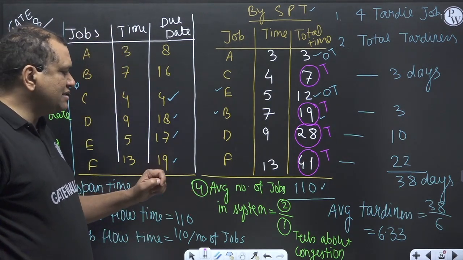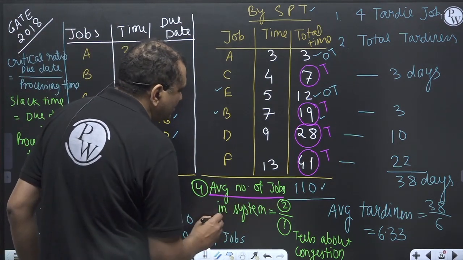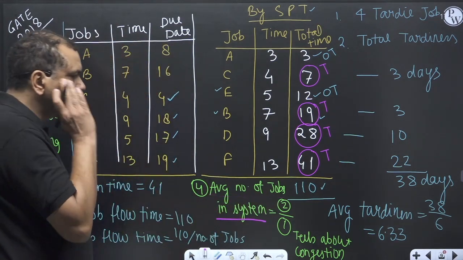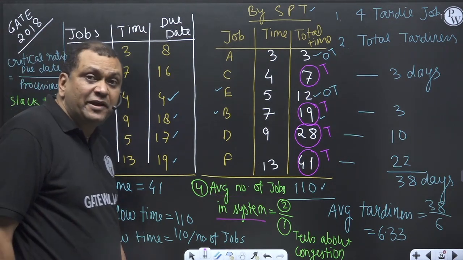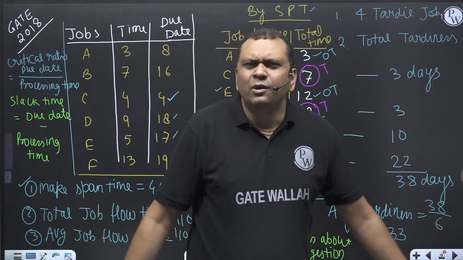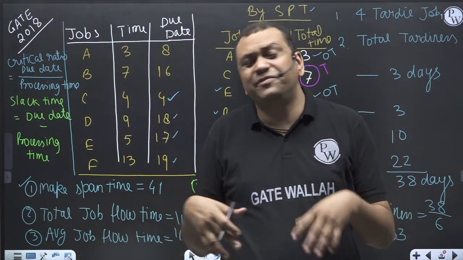Suppose the question is asking the average number of jobs in the system. Like in a flexible manufacturing system, varieties of products are being processed at different stations.